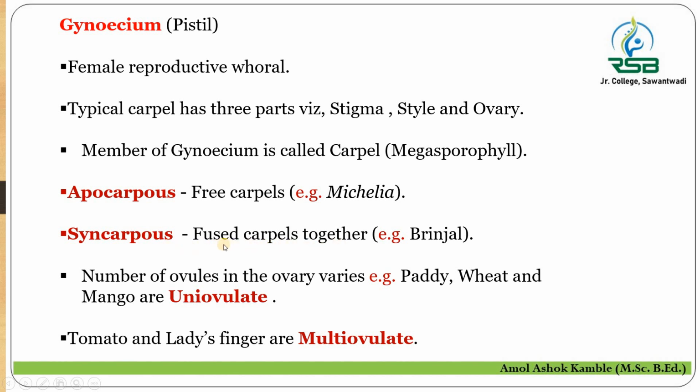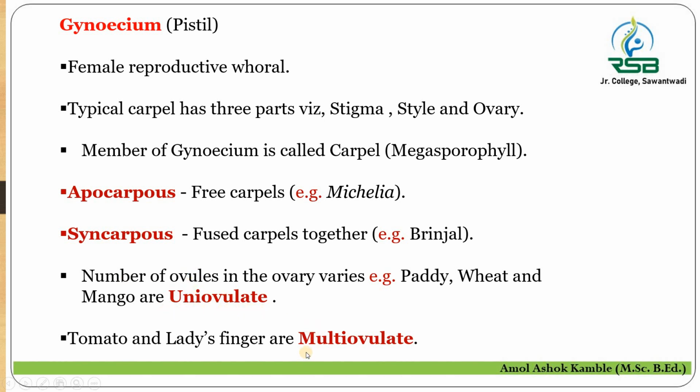Carpels इथे कसे आहेत, फ्यूज झालेले आहेत. For example, in case of brinjal. So these are the two conditions in carpel. When the carpels are free, it is apocarpus. When the carpels are fused, it is called the syncarpus.